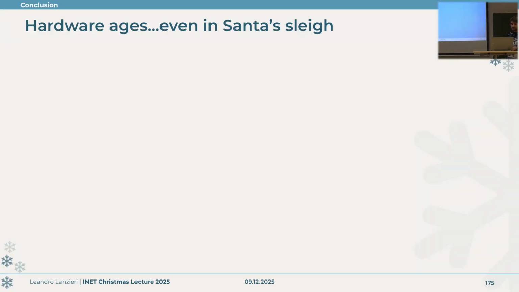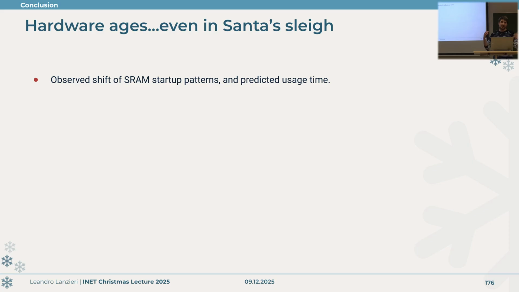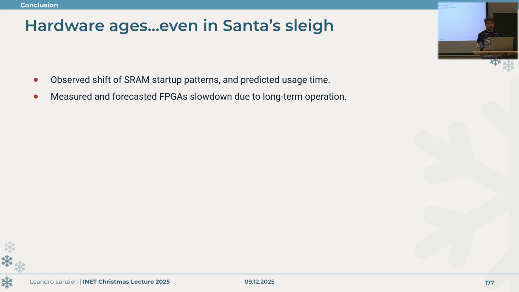So now to conclude, we saw that hardware ages in general. We observed this for the SRAM startup patterns, which we can use to detect the usage time of the devices. On the FPGAs, we measured and monitored the slowdown of the propagation delay in long-term operation, and we can forecast that using some machine learning models. We can detect the degradation of microcontrollers with our technique, and we can even do better than the normal vendor test by automatically generating the firmware.